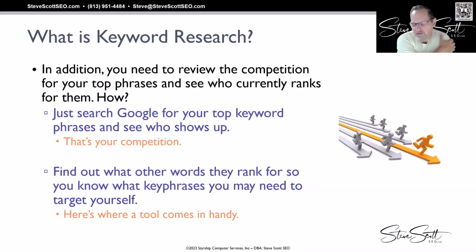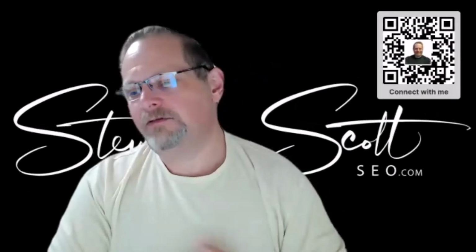Even though it might be a really valuable word searched for many, many times a day, I'm probably never going to get ranked for it. So I want to find what other words are out there that I may be able to target myself. And this is where the tools come in handy, okay? This is where we really can get some better understanding.